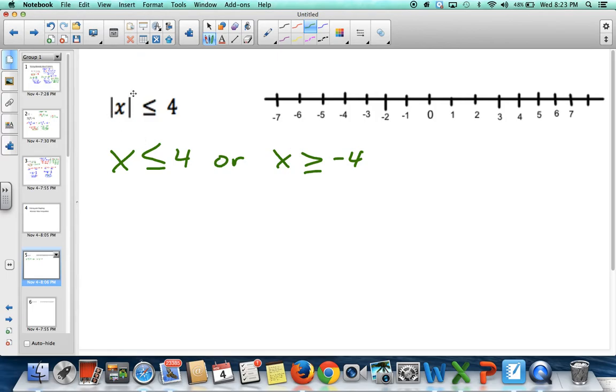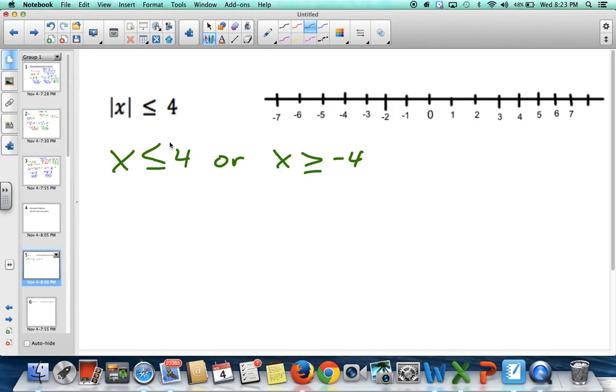So what we do is isolate the absolute value, just like before. We write two equations, or in this case, inequalities. The first one is just as it's written without the absolute value. The second one, we change the right side to negative, and we change the direction of the arrow.